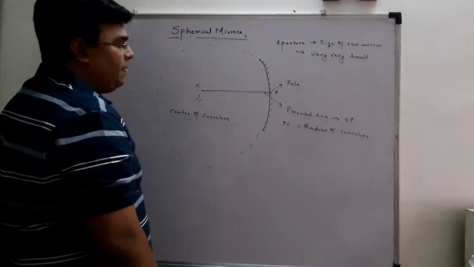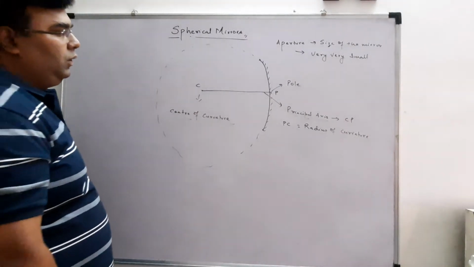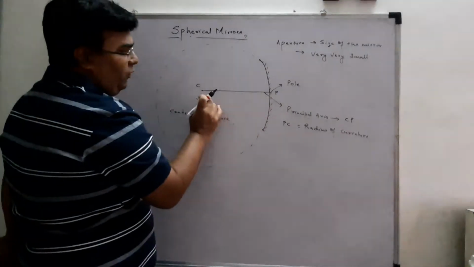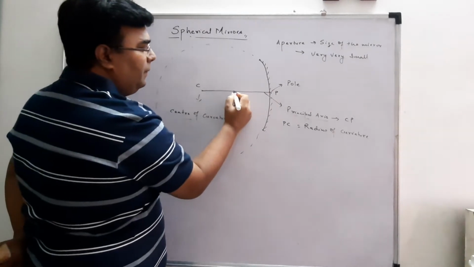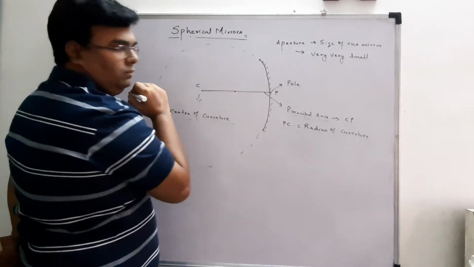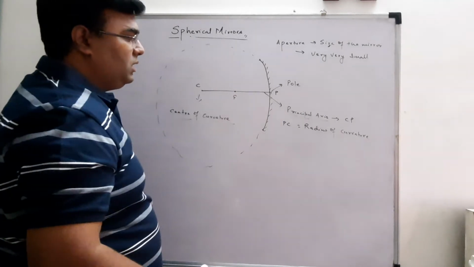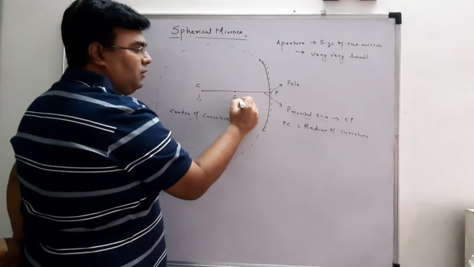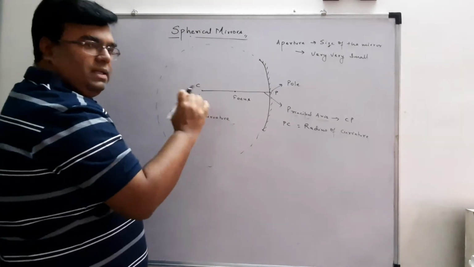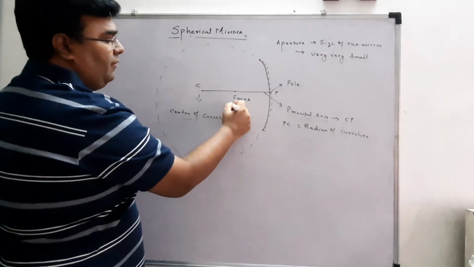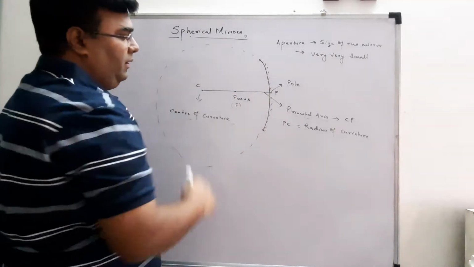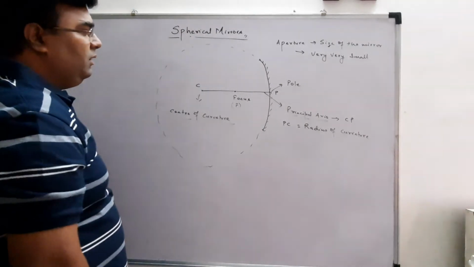We all know this thing. Next is the midpoint of the center and pole. The midpoint is the focus, and we denote it as F. So C, P, F. This is my focus.